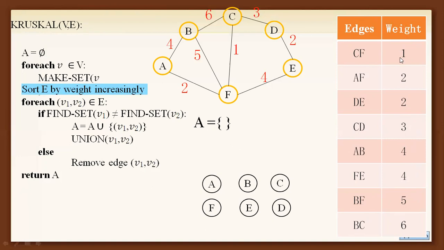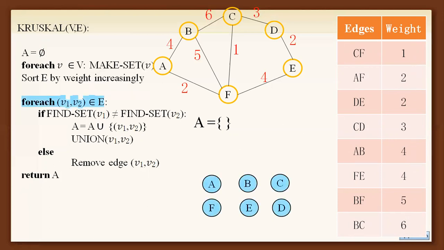The strategy is to arrange the weights of all the edges in increasing order of their weights. So this is the second step.